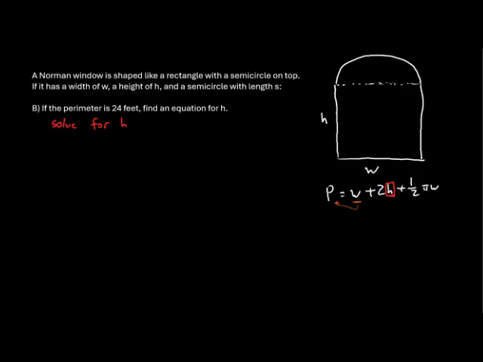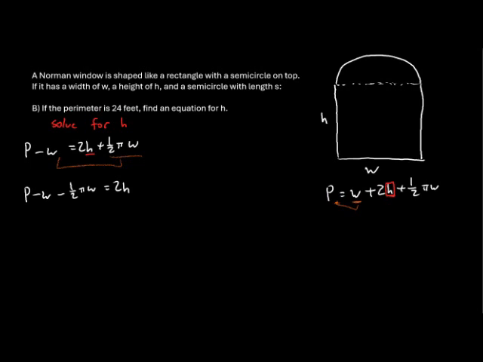If we subtract that W and move it left, we'll have P minus W equals 2H plus 1/2 pi w. Since we're still going for H, we can take the 1/2 pi w and move it as well the same way. We now have P minus W minus 1/2 pi w equals 2H.